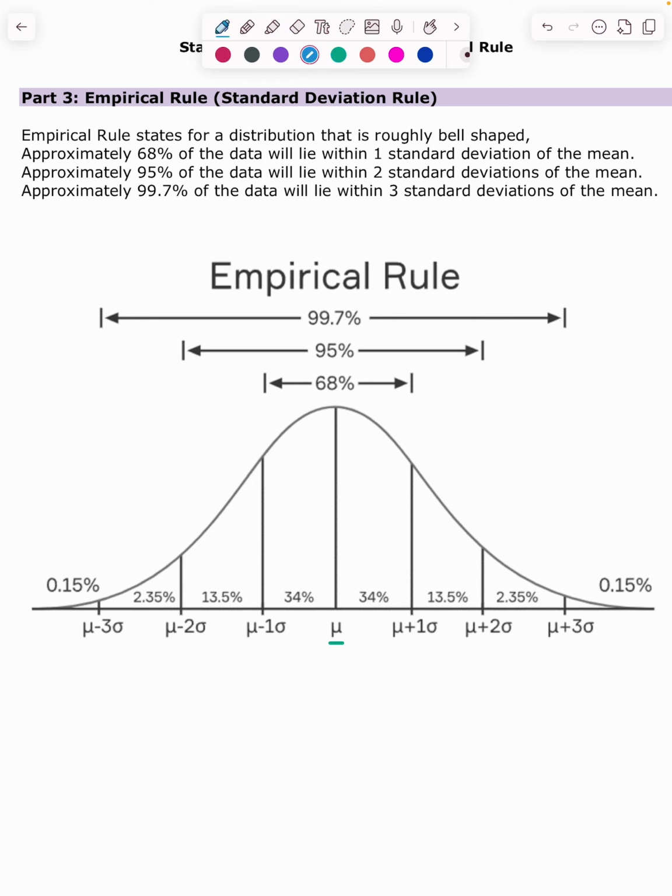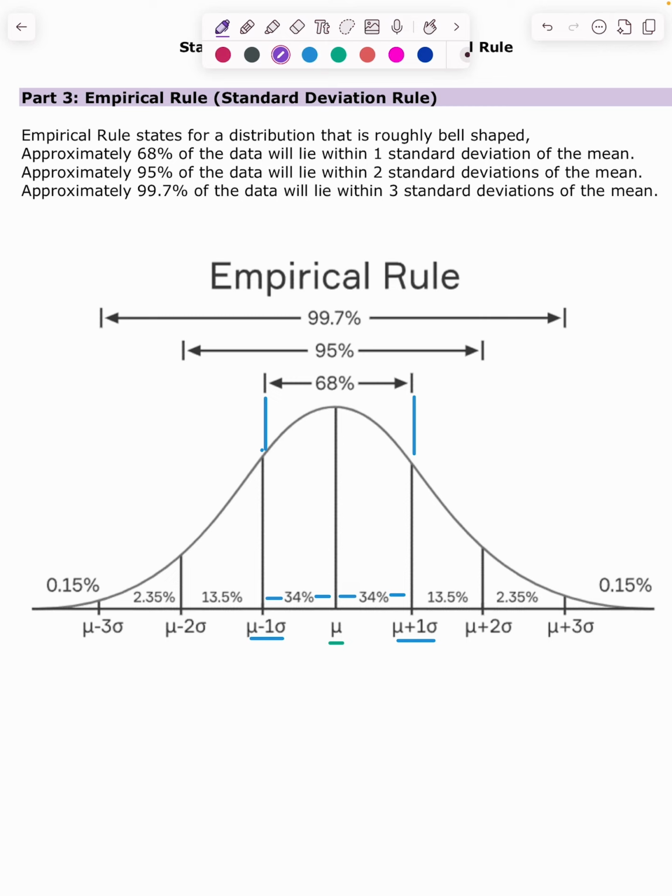Then if we take the mean and we subtract the standard deviation, and we take the mean and we add the standard deviation, 68% of the data that we have collected is going to fall between those two numbers. 34% of the data is going to fall between one standard deviation below, so the mean minus the standard deviation, and the mean, or the mean and one standard deviation above.